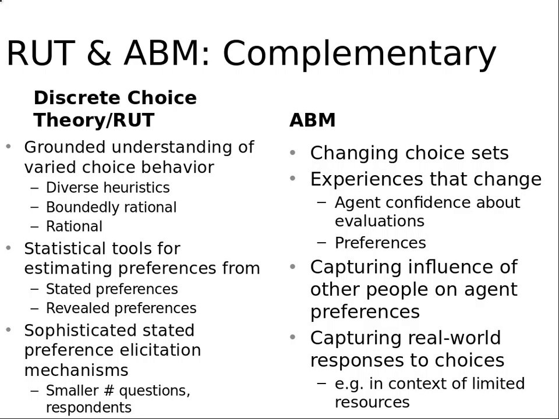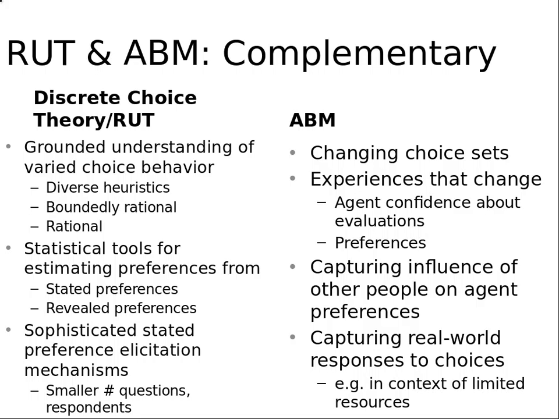So random utility theory provides us a grounded understanding of how people make decisions, either in a more rational way or in a heuristic fashion. We can capture rough and ready heuristics that people use to make quick decisions to kind of get on with life, and where they haven't given it tremendously systematic thought.